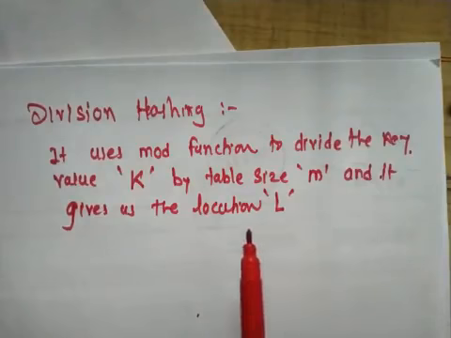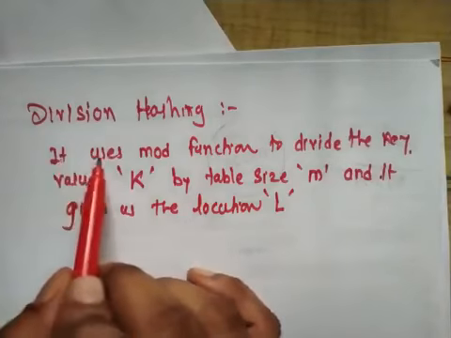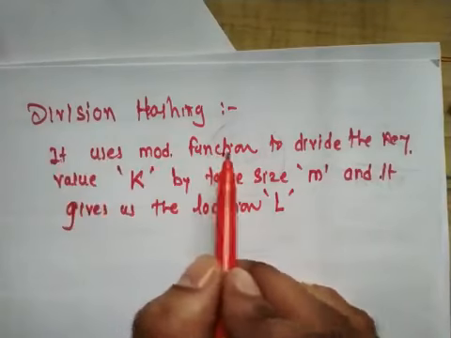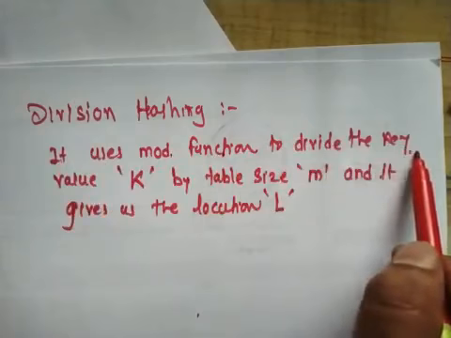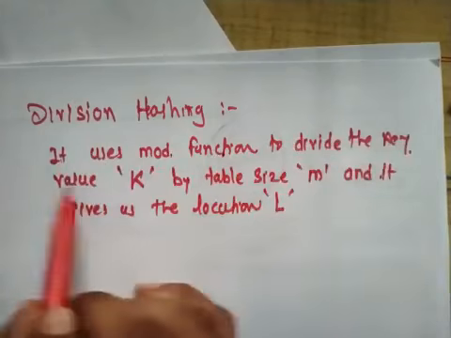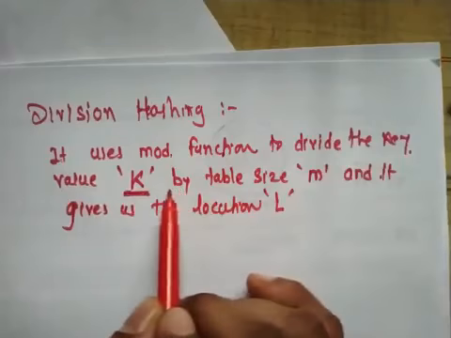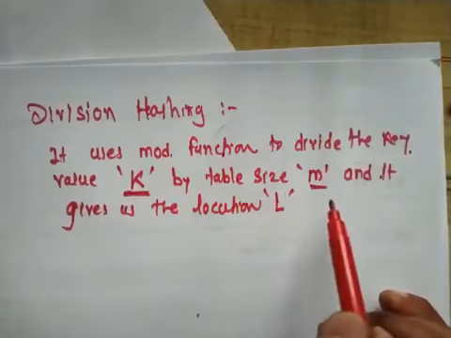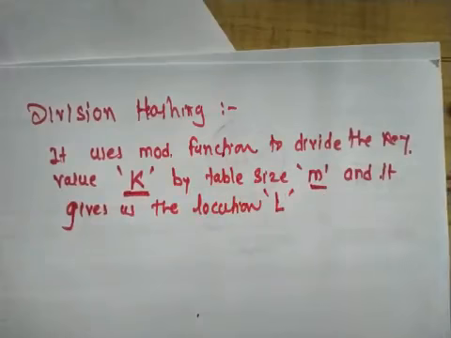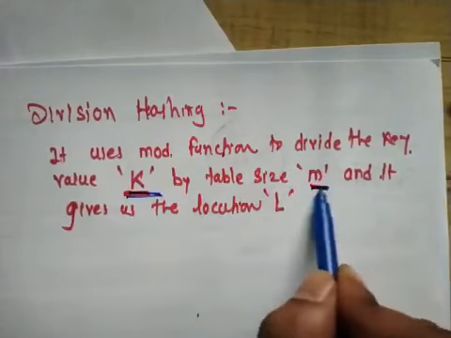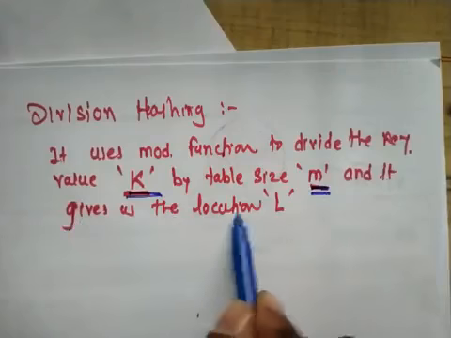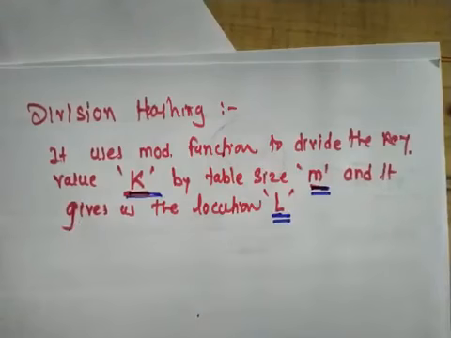So what is division hashing? It uses the mod function to divide the key value k by the table size m, and it gives us the location L where we are going to store that key value, or you can say element.